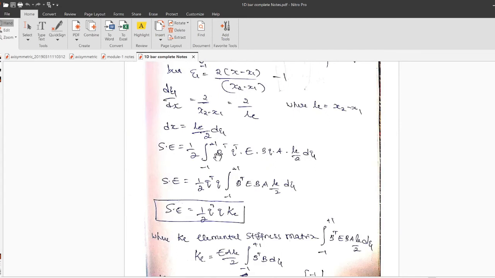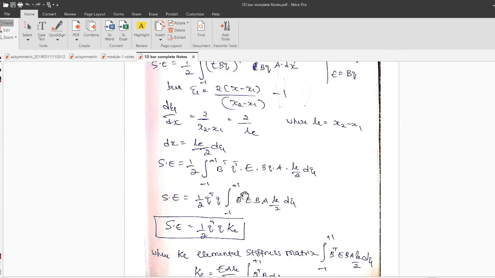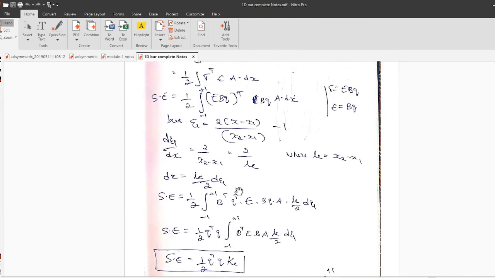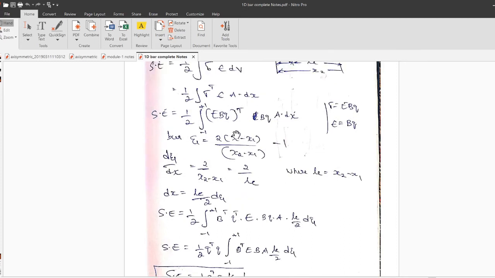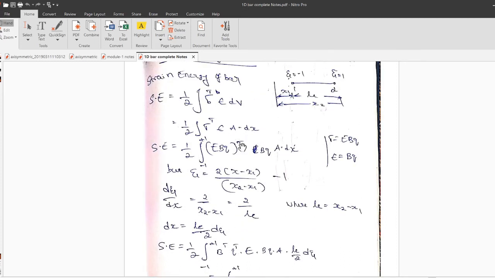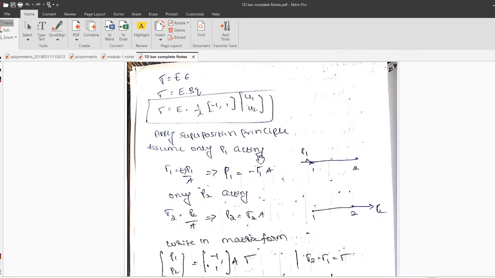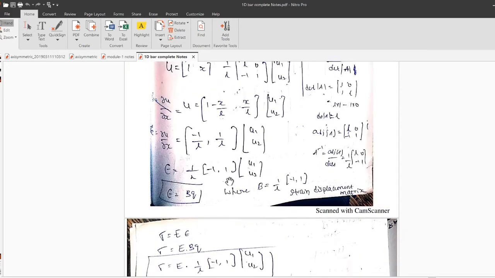Yeah. Here. Can you see here? See, same thing. Strain energy we consider as half of sigma transpose epsilon A into dx. So what is sigma? Here we derived it for the 1D bar only.